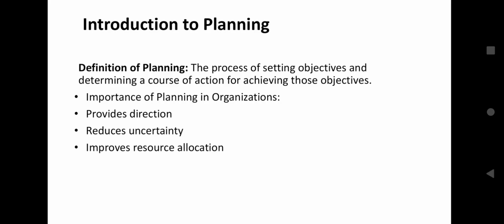Planning will provide a proper direction. It will reduce uncertainty. Uncertainty we cannot reduce completely, but within some limit we can reduce it, and we can allocate the resources we have to the workers.